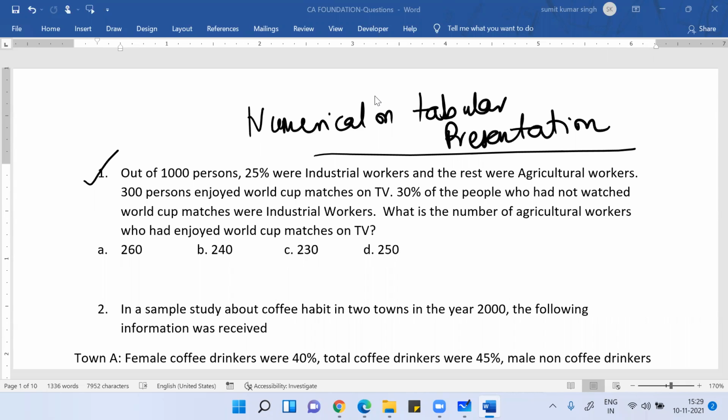Everyone, read this question number 1. Try to solve this question. You can speak if you have any doubt.